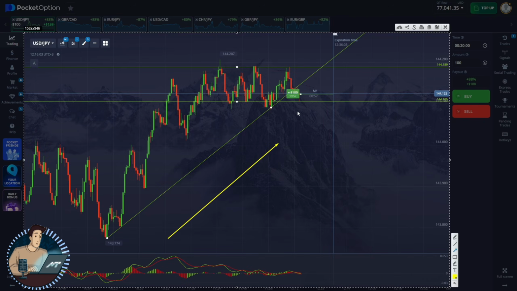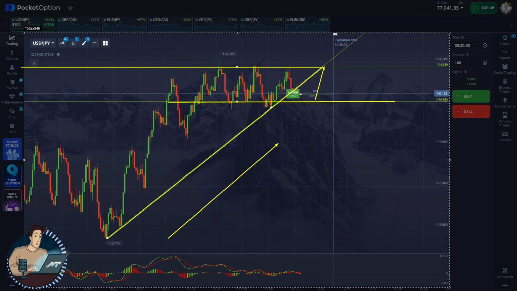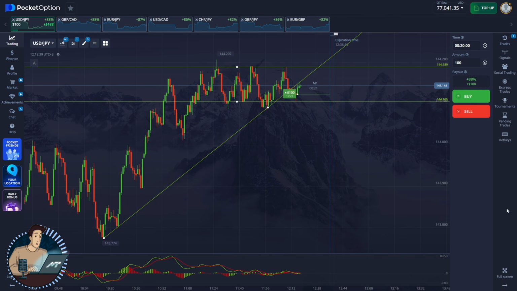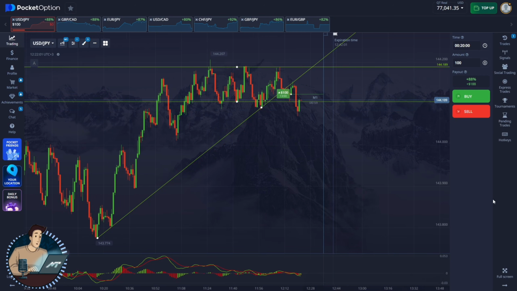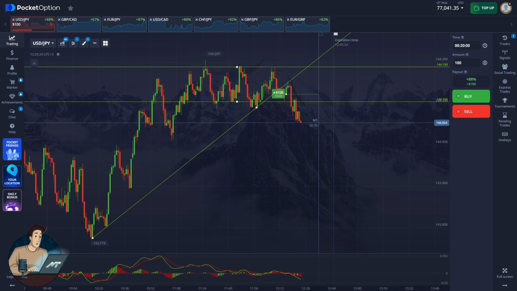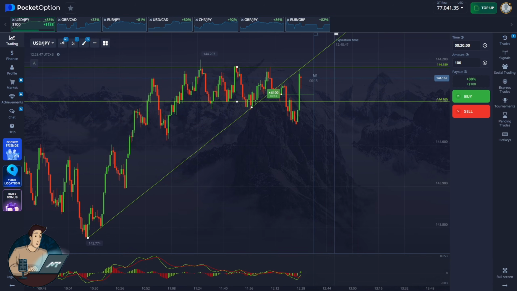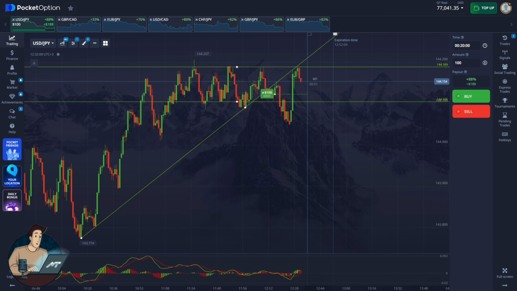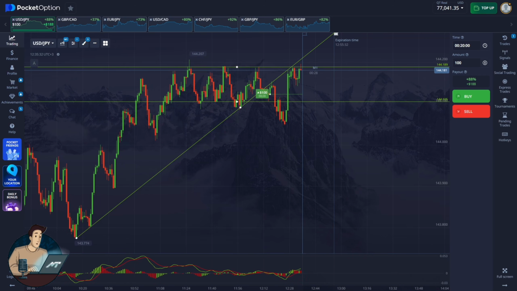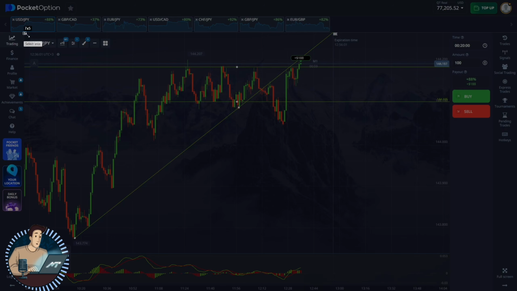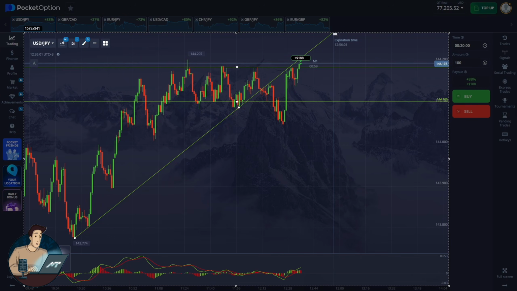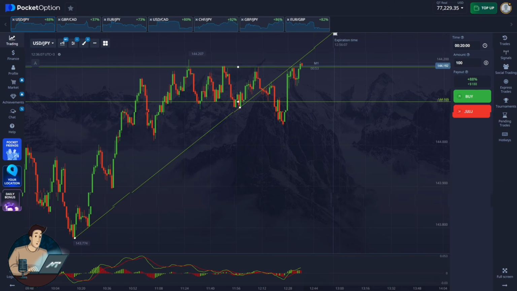So I enter from the lower boundary of this range, in the direction of the global trend, upward. Price chose trend continuation. Exactly as expected.